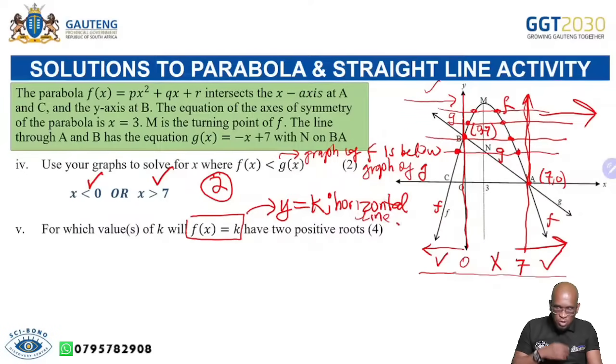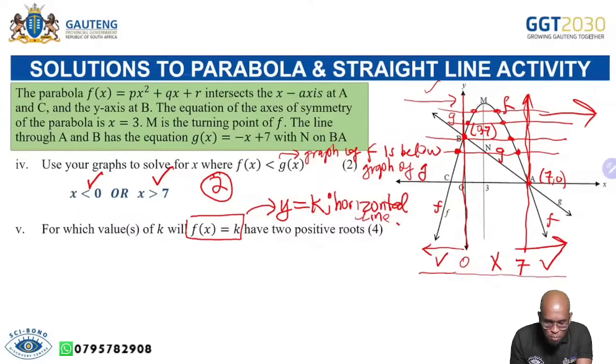When the horizontal line is just below the turning point and just above the y-intercept, the line intersects the parabola twice on the positive x-axis.